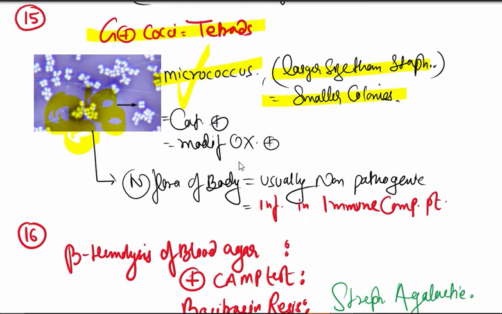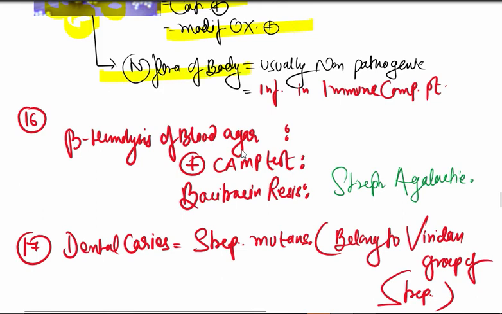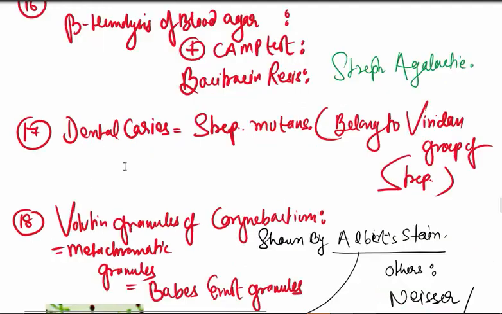It is catalase positive and modified oxidase positive. It is a normal flora of our body and usually non-pathogenic, but in immune compromised patients it can cause infection.